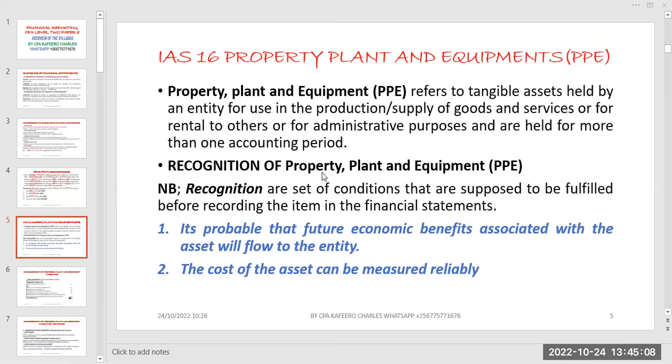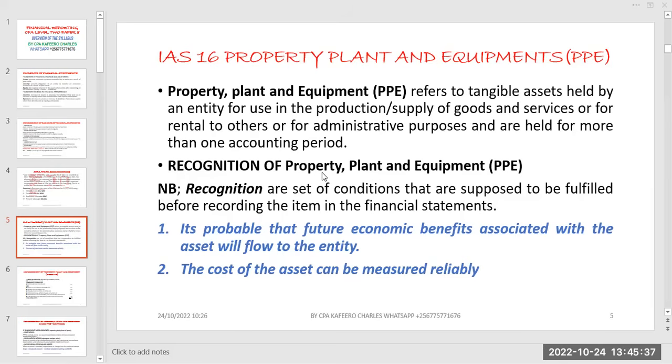Secondly, we can talk about the value in use, or the entity specific value. The entity specific value, or the value in use, is what we are expecting to get from the asset we have acquired. If let's say it is an item of PPE, and we have acquired it, what are we expecting to get for the period it is going to be with us?